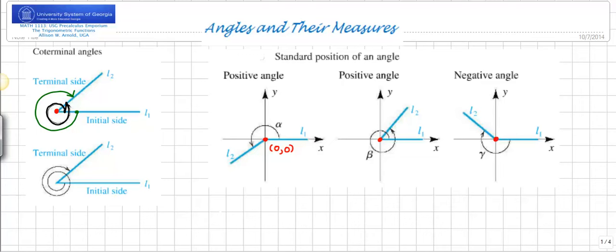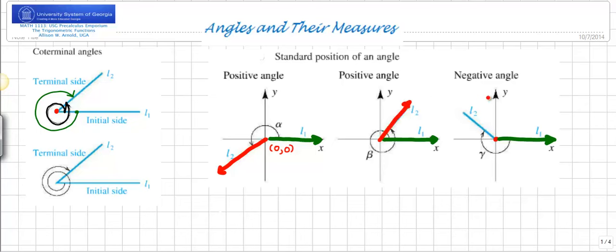And it means that your initial side lies on the positive x-axis, like so. And then depending upon the size of your angle and the direction in which you intend to measure it, the terminal side is where you land.